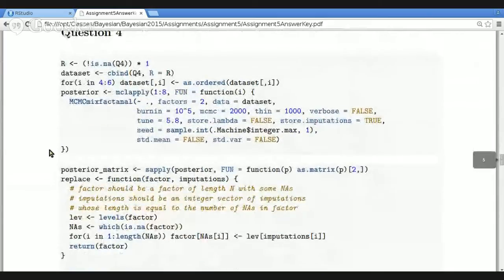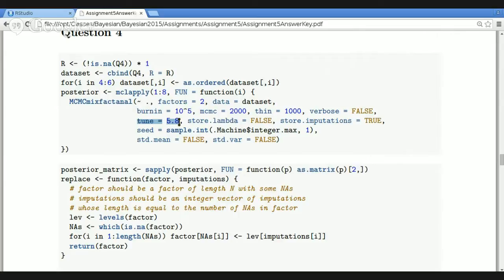Question 4 is about imputing when the variables have different types: ordinal, continuous, binary. This one is pretty much directly what we did in section last time. The only thing is, you've got to get the R variables attached onto your data set. You've got to make sure that those are coded as ordered factors.